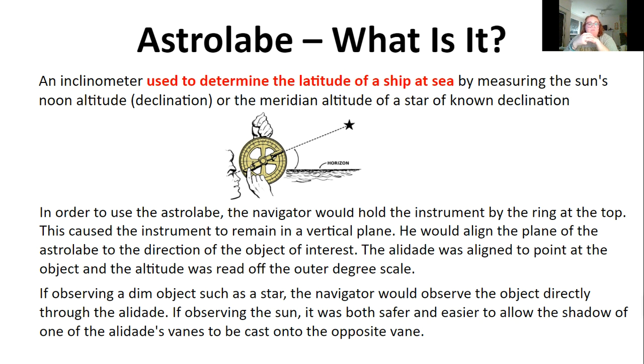And this would allow them to determine the altitude by using a degree scale. So when you're looking at a map or you get coordinates, you see this in degrees. And if observing a dim object like a star, the navigator would observe the object directly through the alidade.